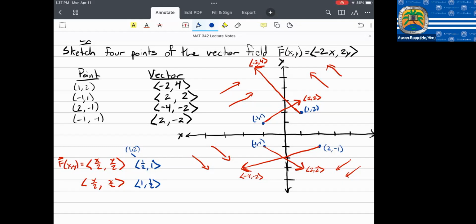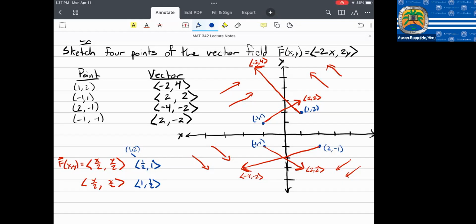Negative. So all the vectors in that first quadrant are going to be pointing to the left. And since I'm taking a positive y, multiplying it by 2, it's still what? Positive. So everything over here in this quadrant is going to be going to the left and up. So we're going to get some varying angle here. Granted, since it's a constant multiple of 2, all of these are going to have a rough slope of 2. You're going to see a bunch of parallel lines.